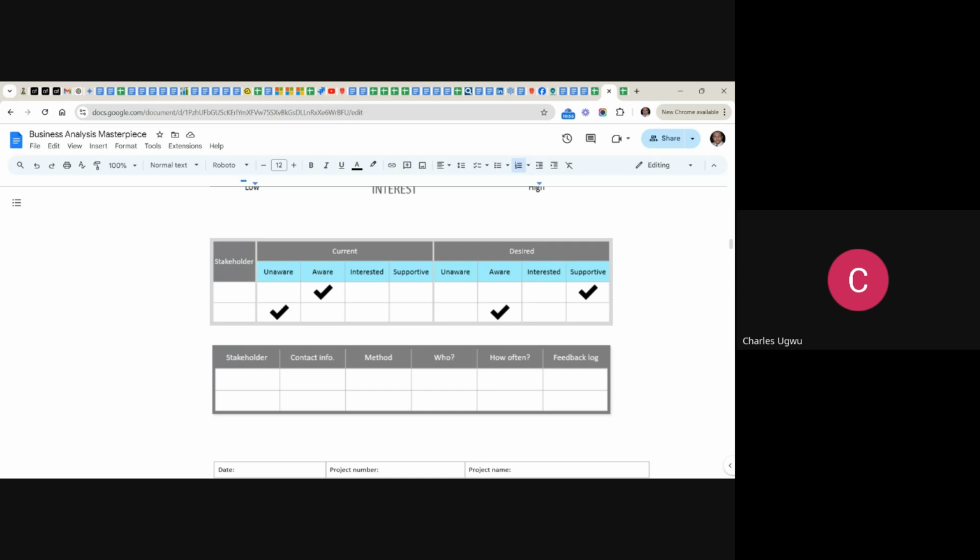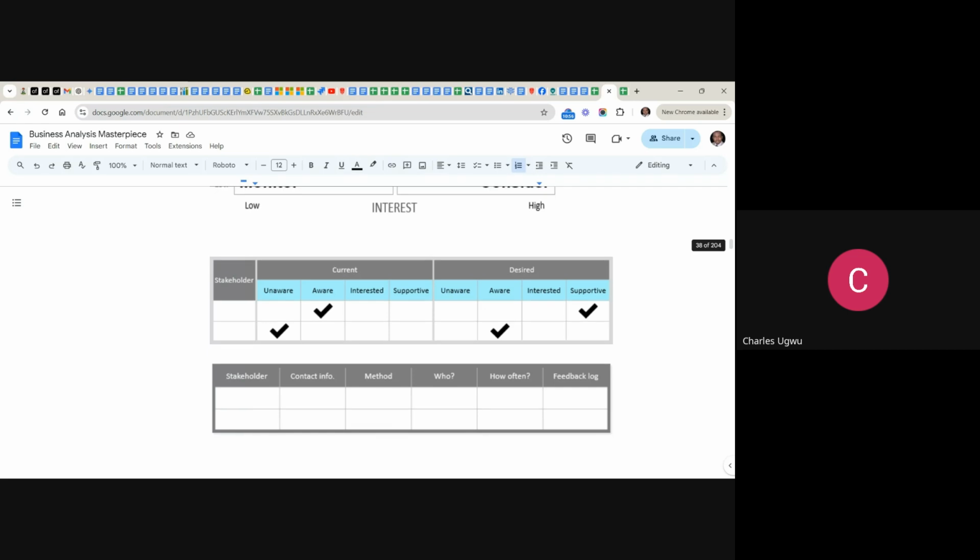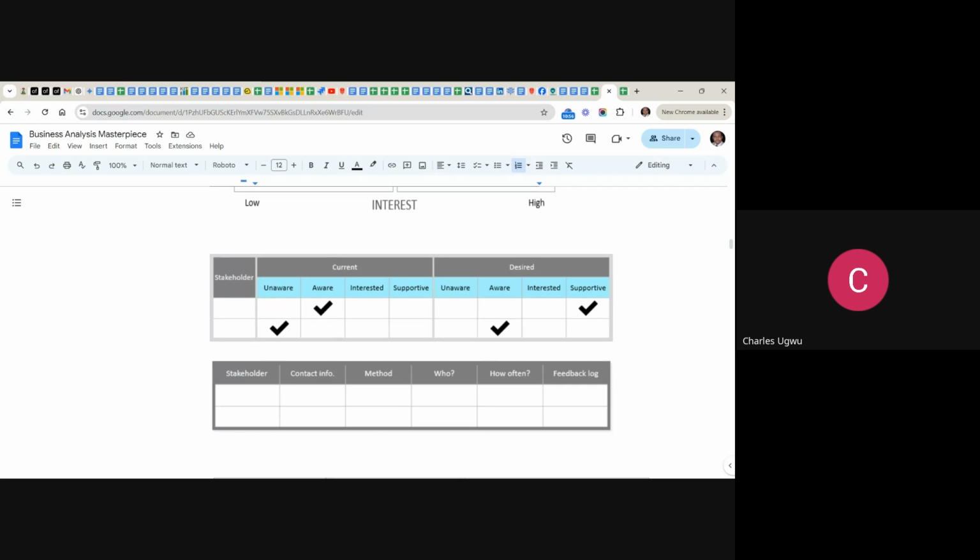When these are done, when you must have captured and analyzed stakeholders and understood them very well, the next thing is, over time, to understand gaps within your stakeholder management, gaps within communication.